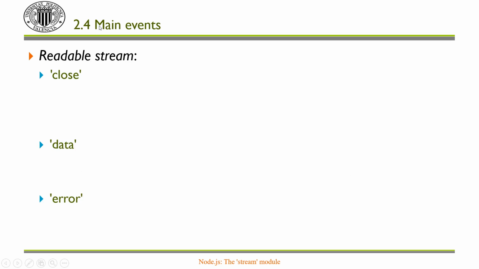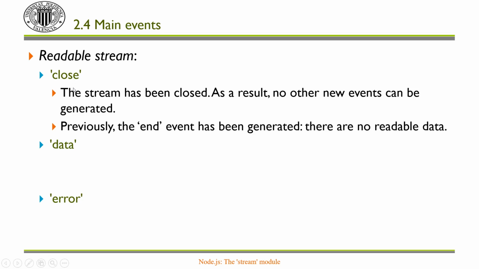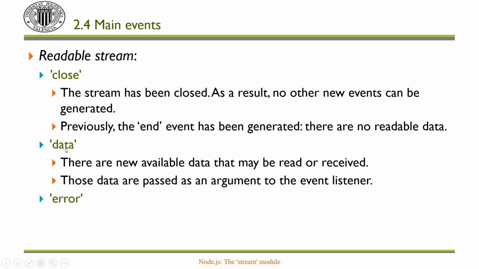And the main events for readable streams are close, data, and error. Close notifies that the stream has been closed. As a result, no other new events can be generated. Previously, the end event has been generated also. And this means that there are no new or readable data. The data event notifies that there are new available data that may be read or received.